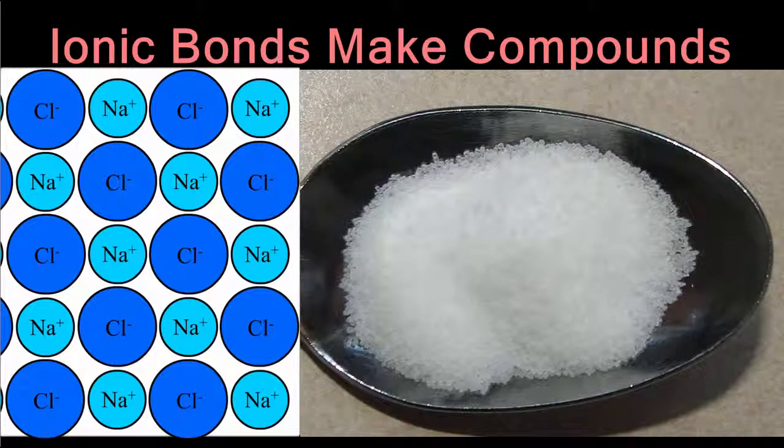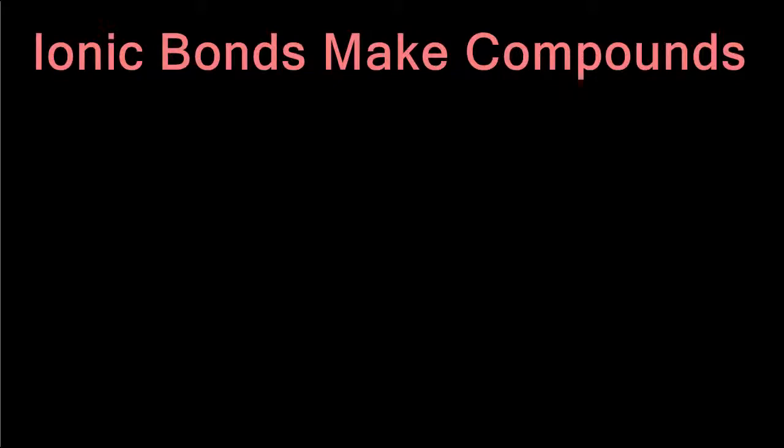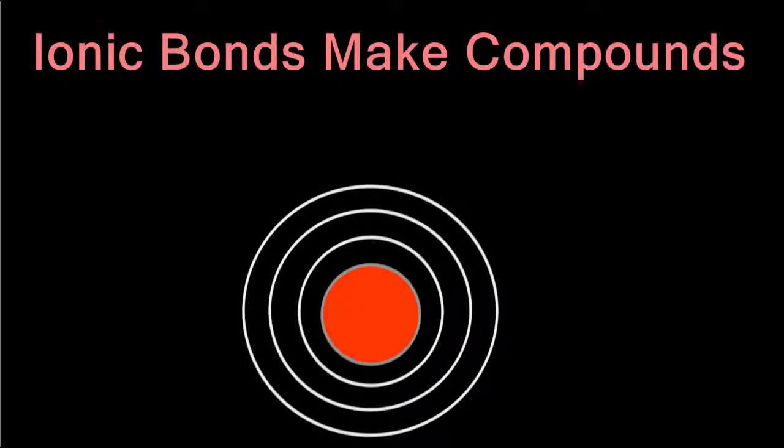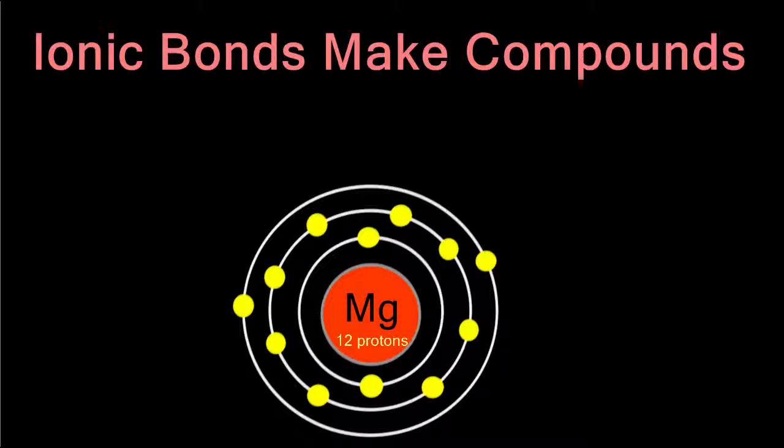It's funny to imagine that all of that electron activity happens in order to give us something so common as table salt. Ionic bonding can occur between more than just two atoms. Magnesium is an atom that has 12 protons in its nucleus and 12 electrons orbiting in its electron cloud.